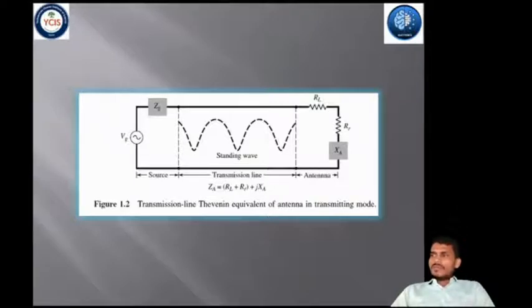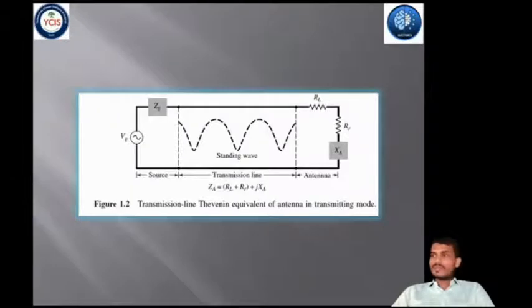Before that, under the ideal condition, the energy generated by the source should be totally transferred to the radiation resistance RR. That means the generated energy should be transmitted through the radiation resistance RR, which represents the radiation by the antenna.